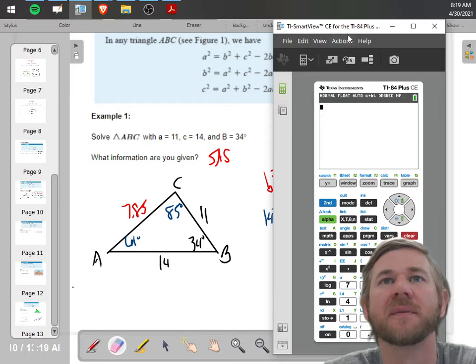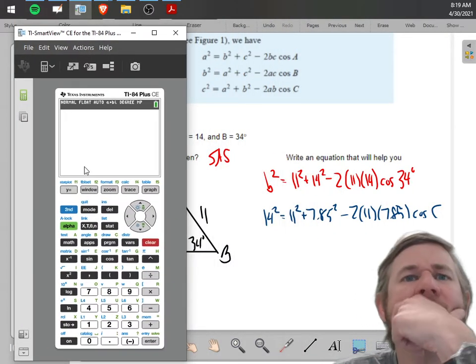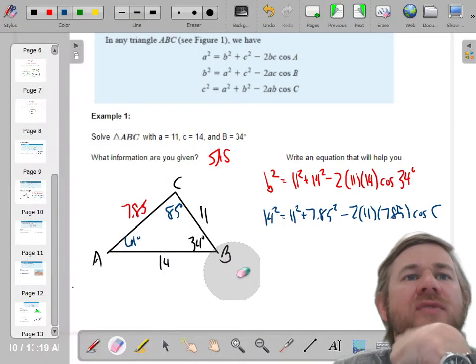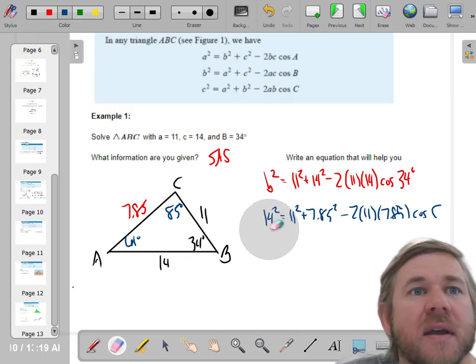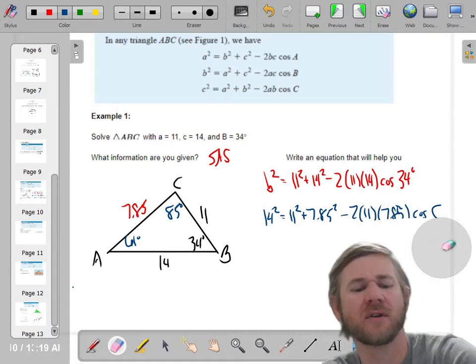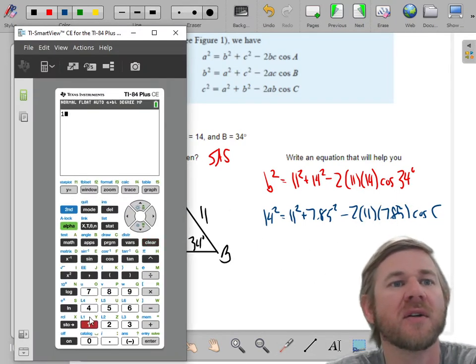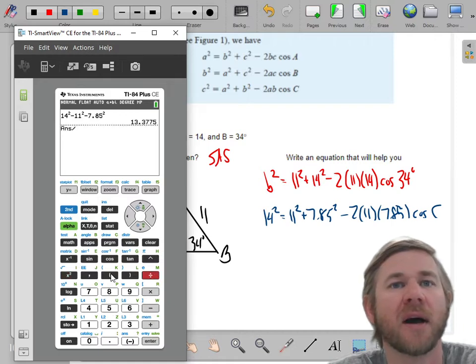So let me clear this out. Okay, did I use the formula right? 14 squared, a is 11, b is 7.85, minus 2ab cosine C. Okay, I feel good about that. I think I might have typed something wrong. 14 squared minus 11 squared minus 7.85 squared, divided by, this is negative, negative 2 times 11 times 7.85.